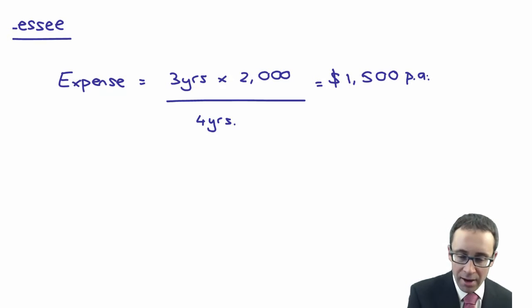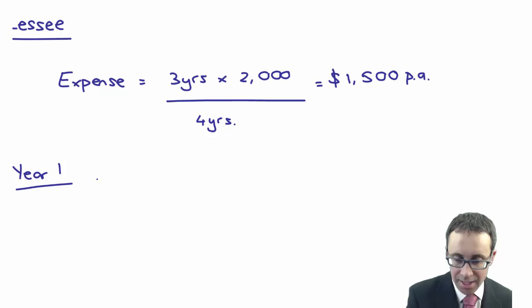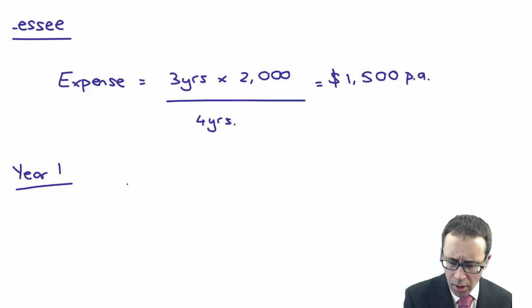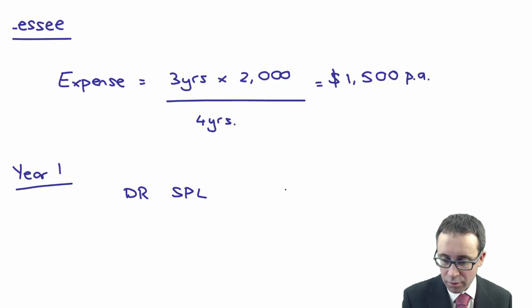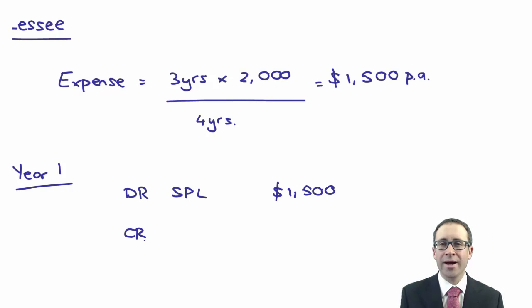Now, if we look at the journal entries, in year 1 we need to recognize an expense in the statement of profit or loss of $1,500. If we look at the credit, we can't credit the bank, because we've not paid anything.